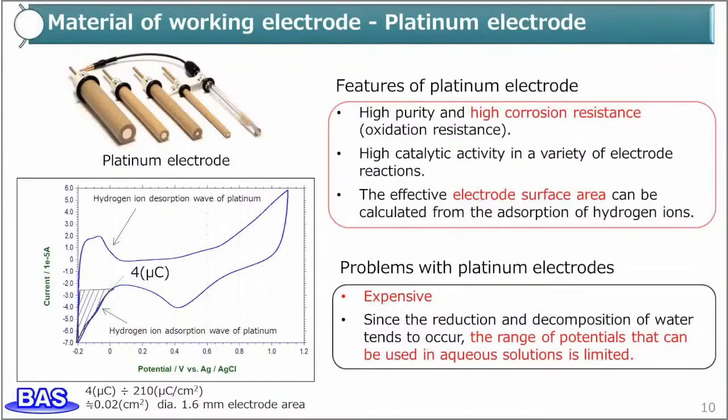In addition, the electrode surface area can be calculated from the adsorption of hydrogen ions. On the other hand, the problems with the platinum electrode are that platinum itself is expensive, and the range of potential that can be used in aqueous solution is limited because of the tendency of water reduction and decomposition.